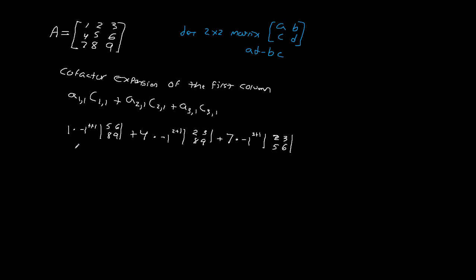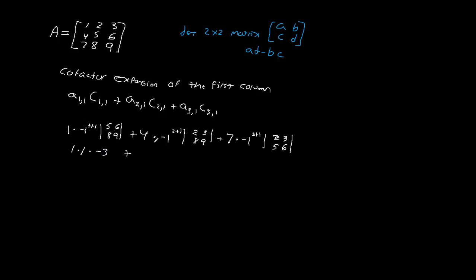So this is going to be 1 times negative 1 squared, which is 1, and then applying this AD minus BC equation, we get a value of negative 3.